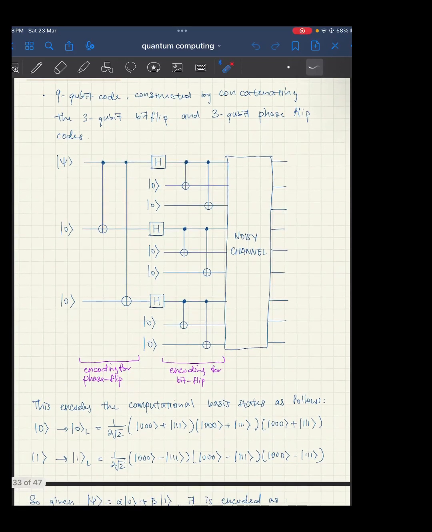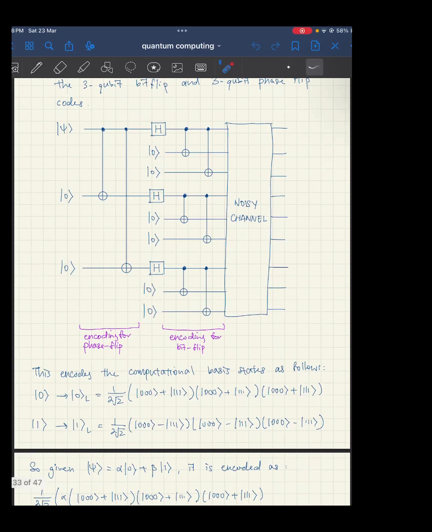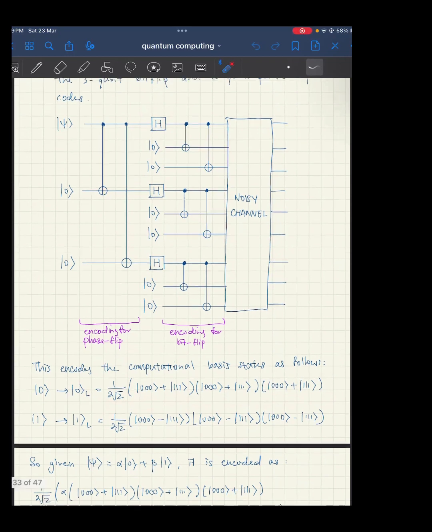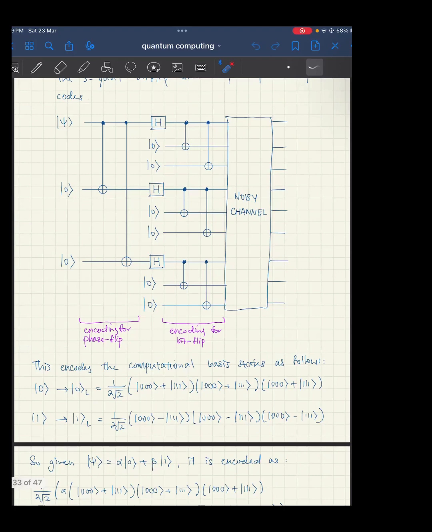So by following the circuit, what we have is that we are sending logical zero to this state over here, which is basically the tensor of 0, 0, 0 plus 1, 1, 1, three times, ignoring the normalizing factor.